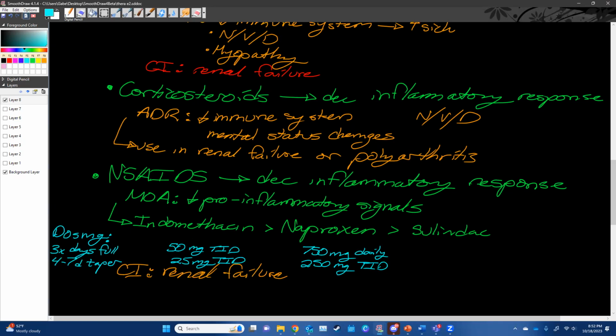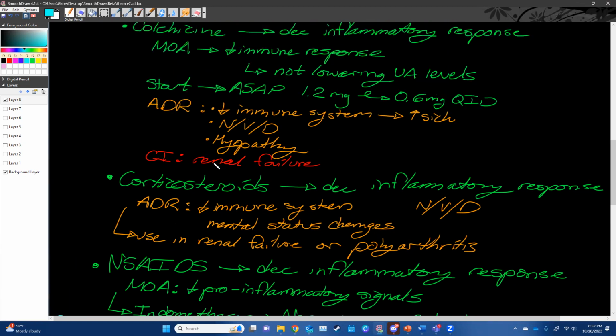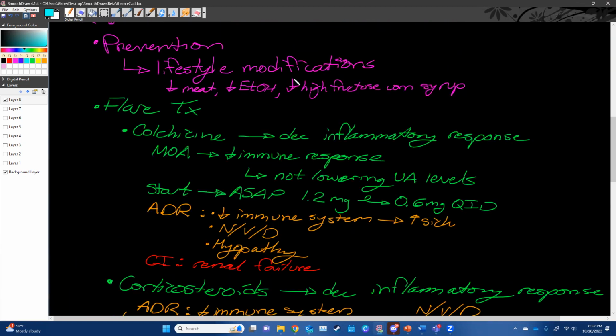Other aspects of treatment. Did she talk about interleukin inhibitors? No, it doesn't look like it. Yeah. So these are for our flare, right?